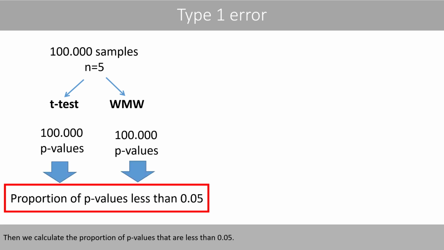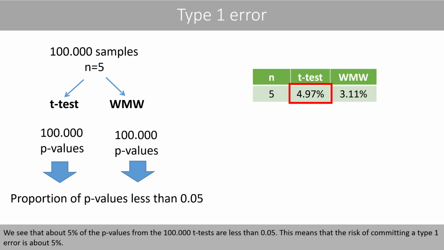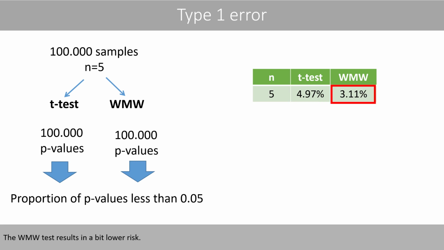Then we calculate the proportion of p-values that are less than 0.05. We see that about 5% of the p-values from the 100,000 t-tests are less than 0.05. This means that the risk of committing a type 1 error is about 5%. The Wilcoxon Mann Whitney test results in a bit lower risk.